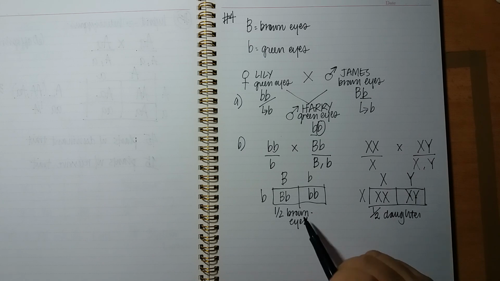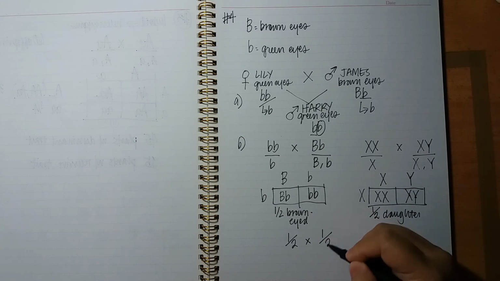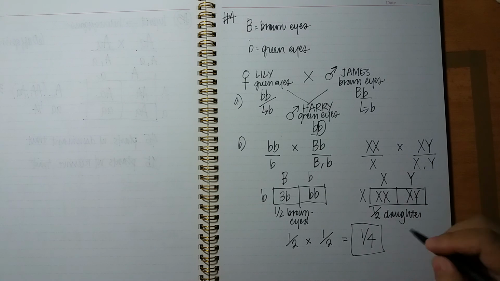What are those two events? Yung brown eyes sa offspring at yung pagiging daughter ng offspring. So, 1/2 times 1/2 gives us 1/4. So, that is our answer. 1/4 or 25% probability na magkakaroon ng brown-eyed daughter si James at si Lily, given their genotypes.